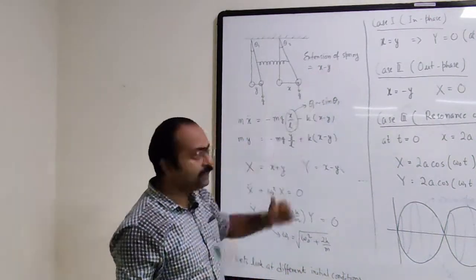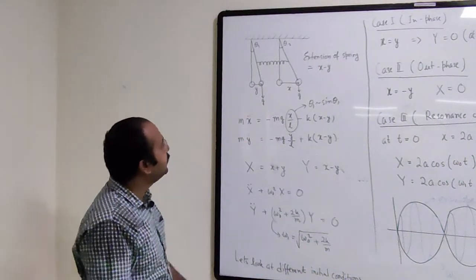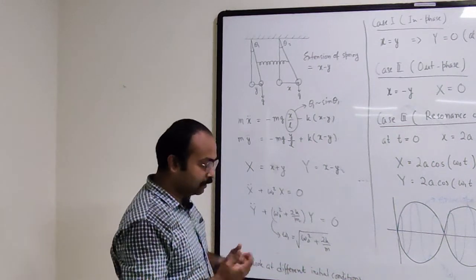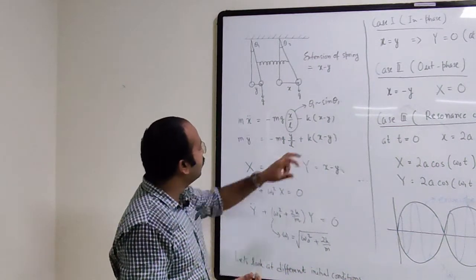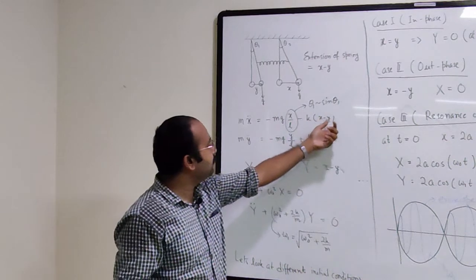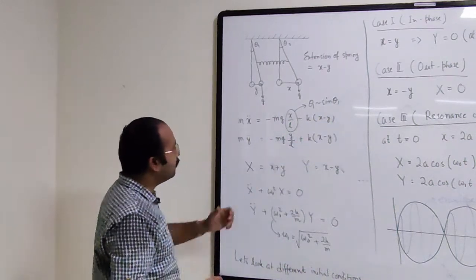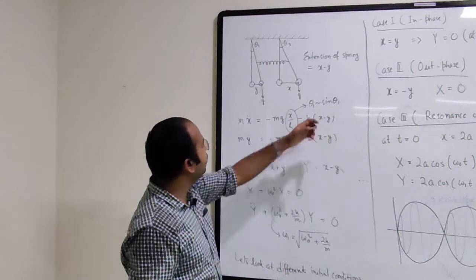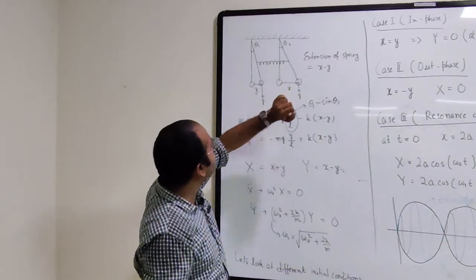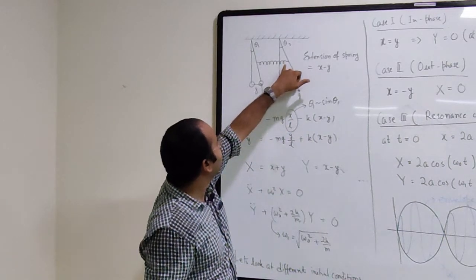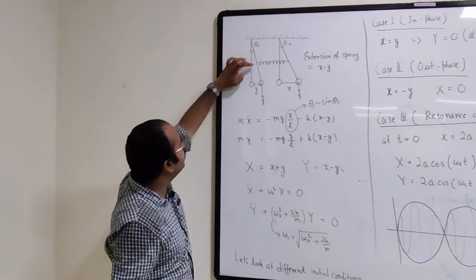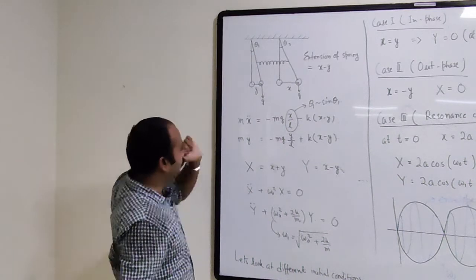Now that the spring is extended, it will create a restoring force k times (x minus y), or minus k times (x minus y), depending on whether you are writing down the force for this pendulum or for this one.